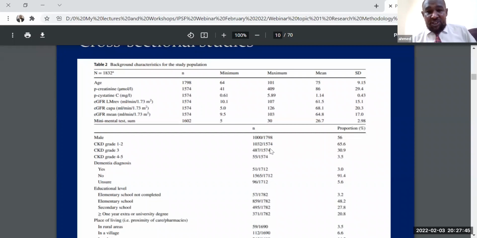If the total number of observations were the same, we would not need to show this 1,798, because here, for example, sometimes the total is 1,712 and so on, 1,782. This means there is some missing data, that not all subjects have complete data.